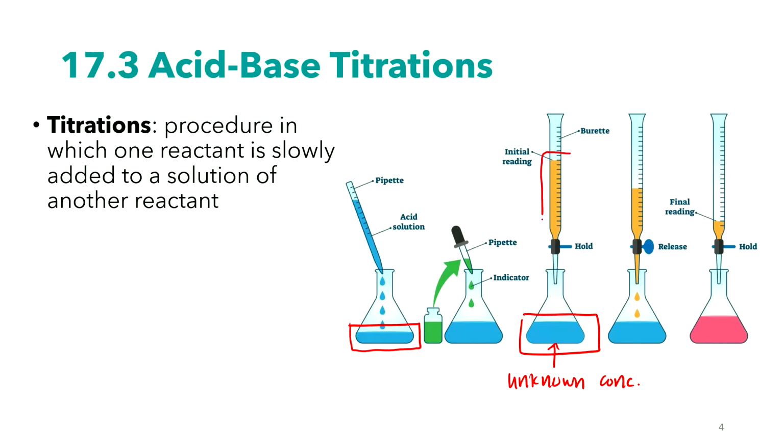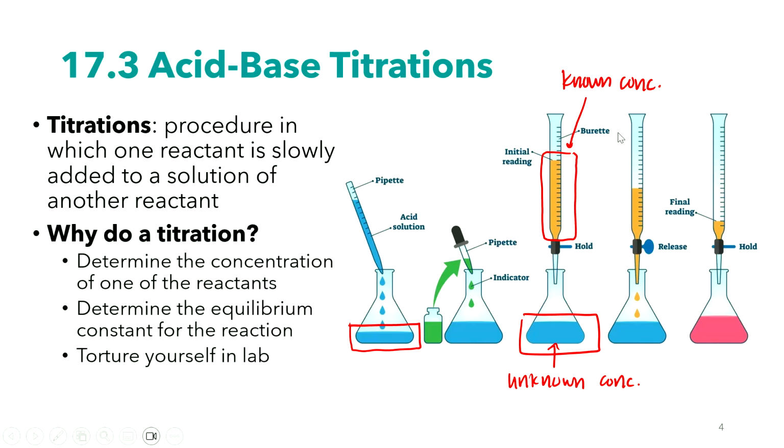We're going to start titrating, adding in a known concentration of something else. And once we hit our equivalence point, where we see that color change, depending on how much we added in, we can say we now know the concentration of what was in our original beaker, or Erlenmeyer, as this picture shows. So that's usually the reason why titrations are done, to determine the concentration of one of the reactants.